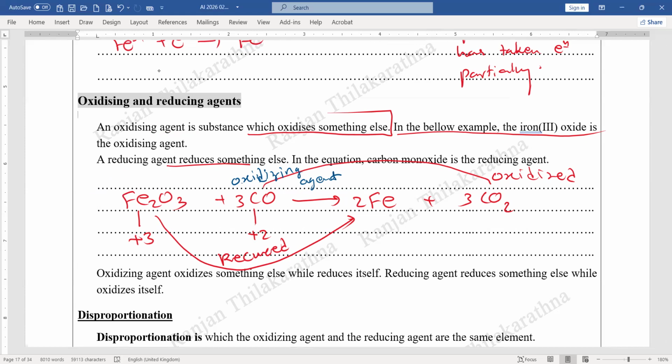Itself oxidizing means reducing agent. So carbon monoxide is the reducing agent. Why? This iron has been reduced and carbon monoxide has helped that to reduce. A reducing agent itself oxidizes, and an oxidizing agent itself reduces. So this is the oxidizing agent.